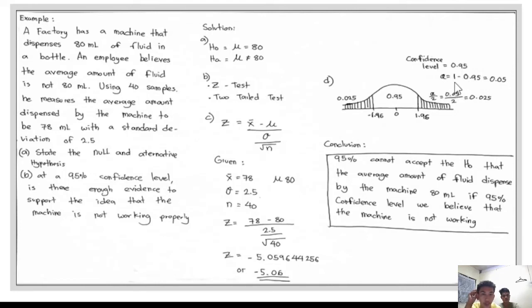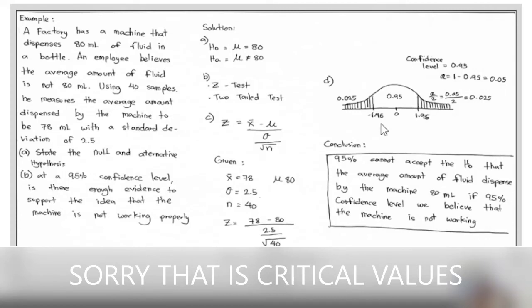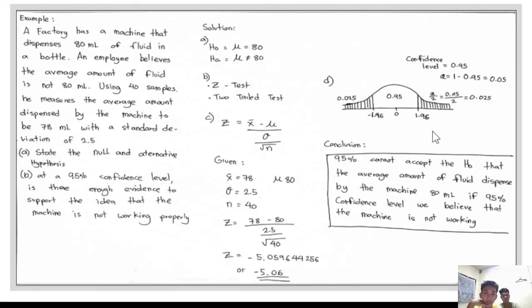Alpha is equal to 1 minus 0.95. Yung given na confidence level yung 0.95. Yun yung alpha. Ang makukuha nating critical values is negative 1.96 at positive 1.96.